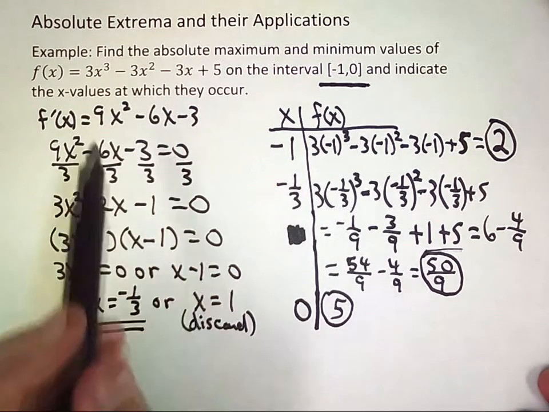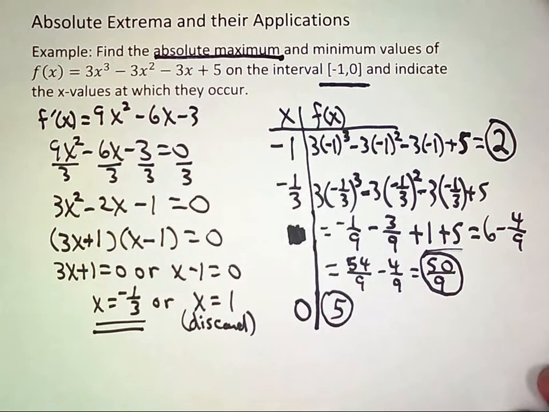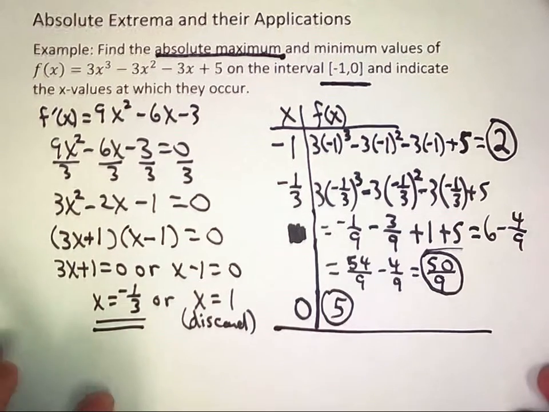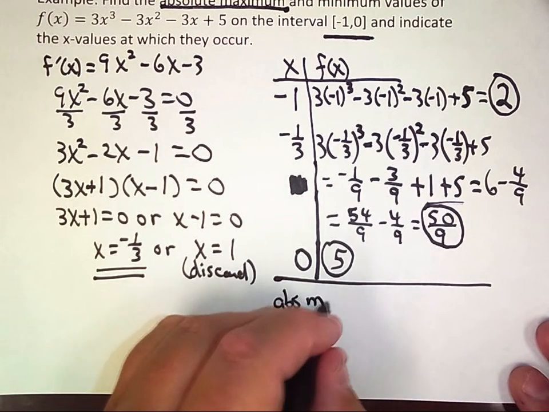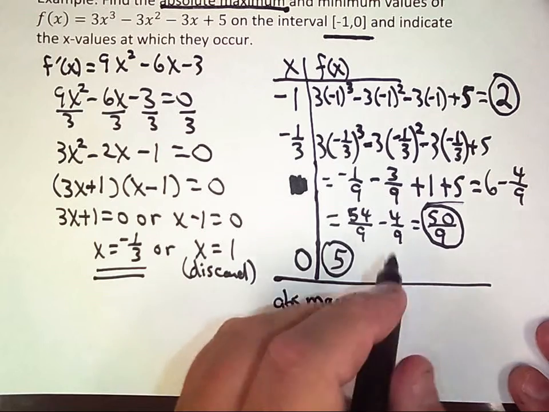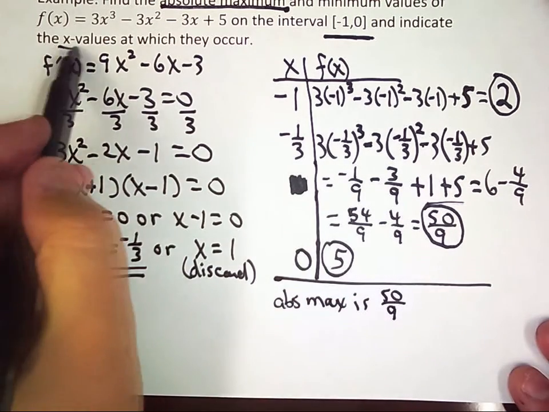So that means that the absolute maximum is 59/9, and it also says where it occurs.